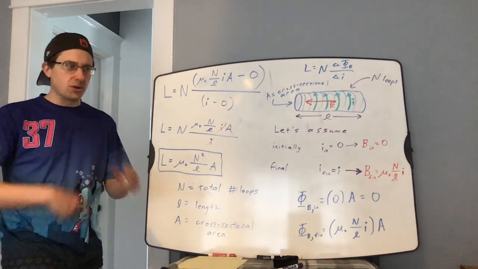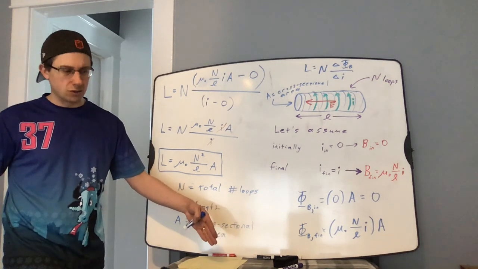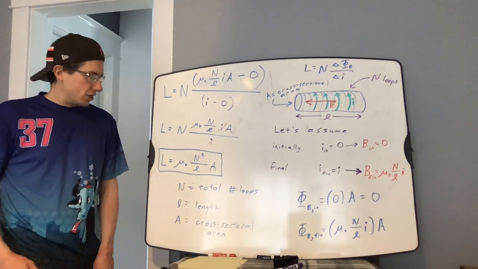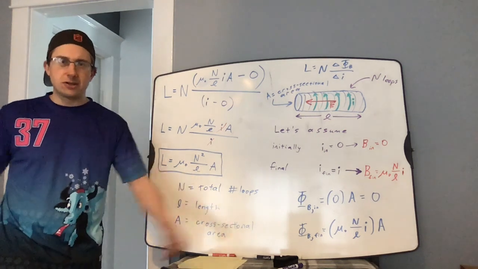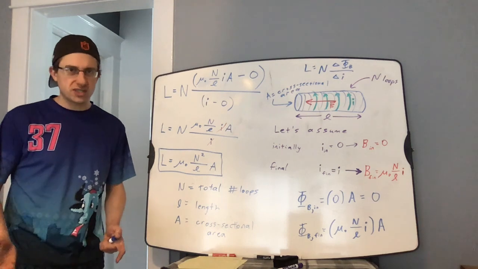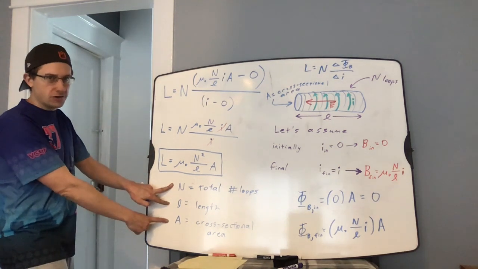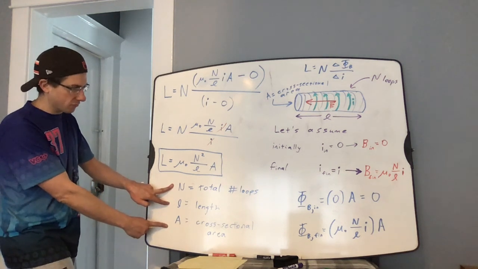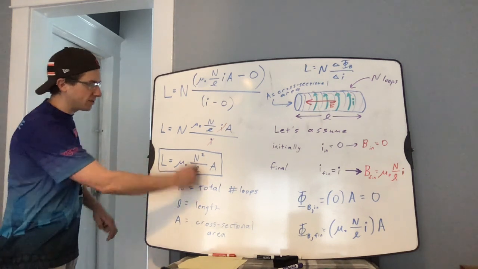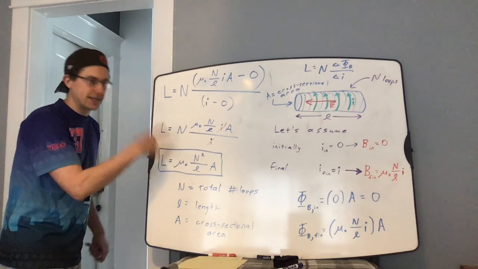How many loops of wire, do I pack the wire really close together, or do I spread the wires out? Do I have many loops and a really long solenoid, or do I just have a really short solenoid? All of these three terms are under my control. When I build my solenoid, I could choose the value of these terms. So I have some combination of these terms that are under my control multiplied by a constant of nature.